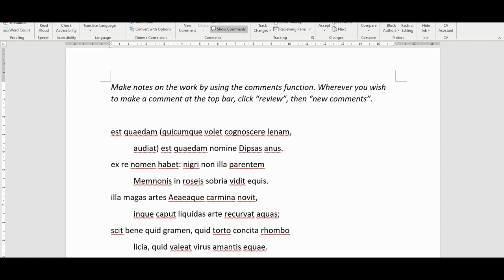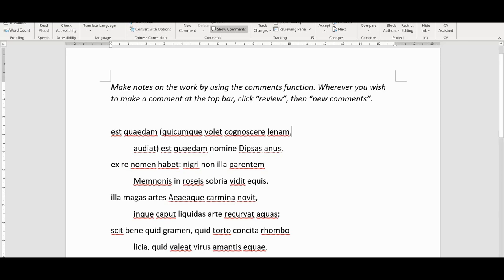As I say, these texts are about the narrative, about the story, rather than the techniques. There is no point having the techniques if there isn't a story to tell, if Ovid doesn't have any intention through his text. Okay, make notes on the work by using the comments function.